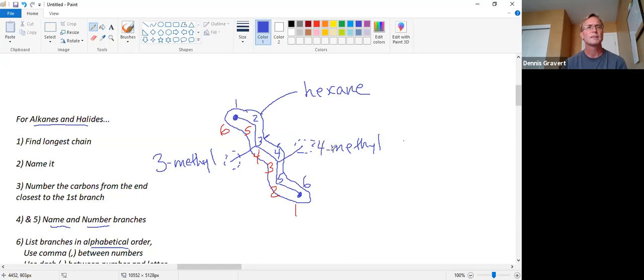Ooh, wait. Anytime the same branch shows up more than one time, the name is not going to be 3-methyl, 4-methyl hexane. No, you don't say methyl twice. You only say it one time. Because methyl shows up 2 times, you use the prefix di. Remember, like carbon dioxide. Carbon dioxide has 2 oxides, 2 oxygens. Well, this molecule has 2 methyls.